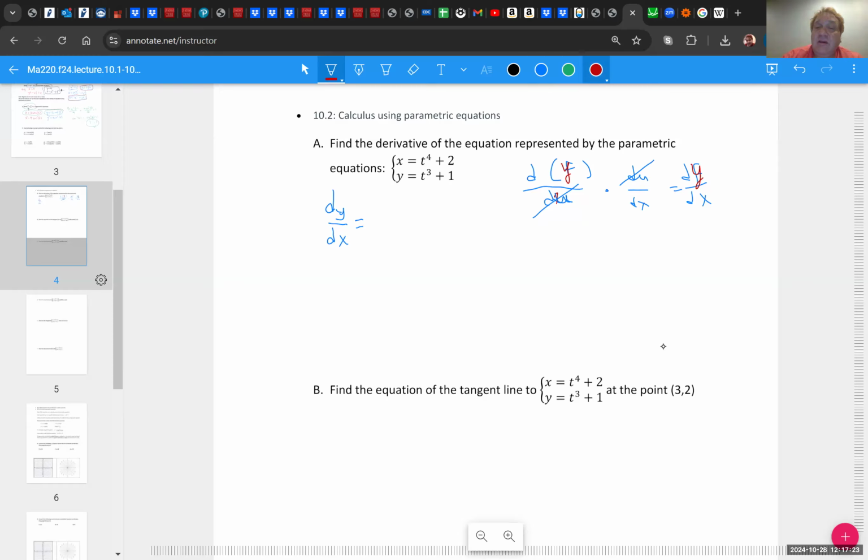Another way of seeing this is just algebraically. If you take dy/du, and then you times du/dx, the du's are going to divide out, and you get dy/dx. This is the same thing as taking dy/du and dividing by du/dx.